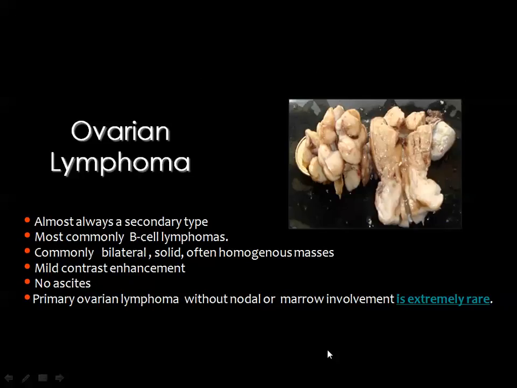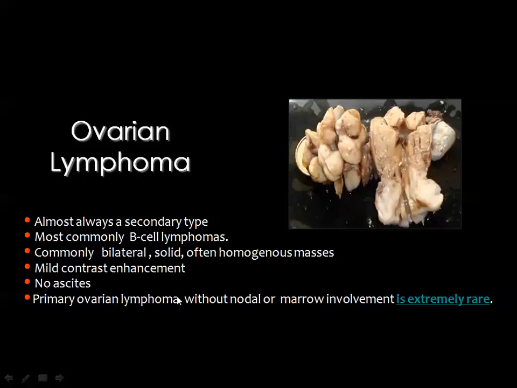Ovarian lymphoma is always a secondary type, and most commonly of the B cell non-Hodgkin type. Bilateral involvement is more common. If you remember what I mentioned about the Krukenberg tumors of the ovaries, they are usually bilateral, solid, homogeneous, and relatively smaller than the primary ovarian carcinomas.